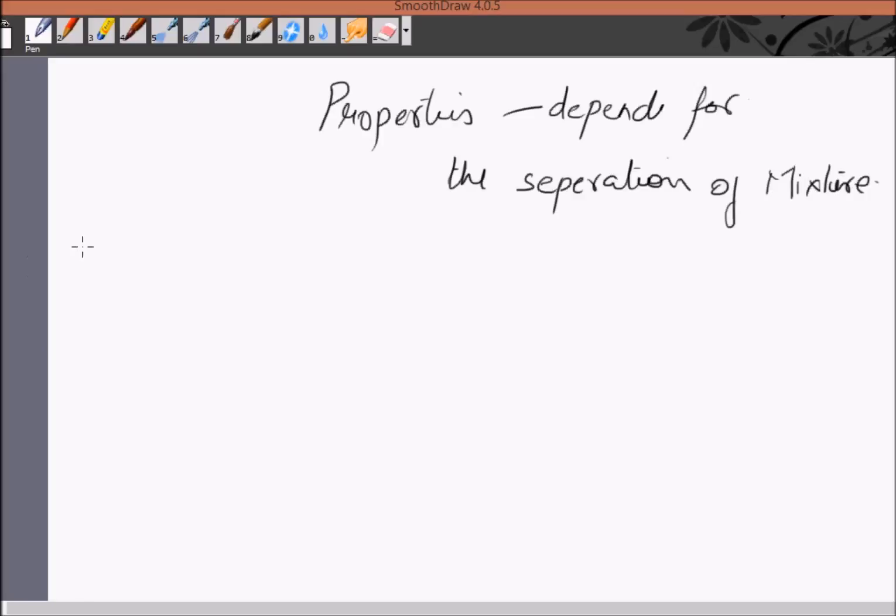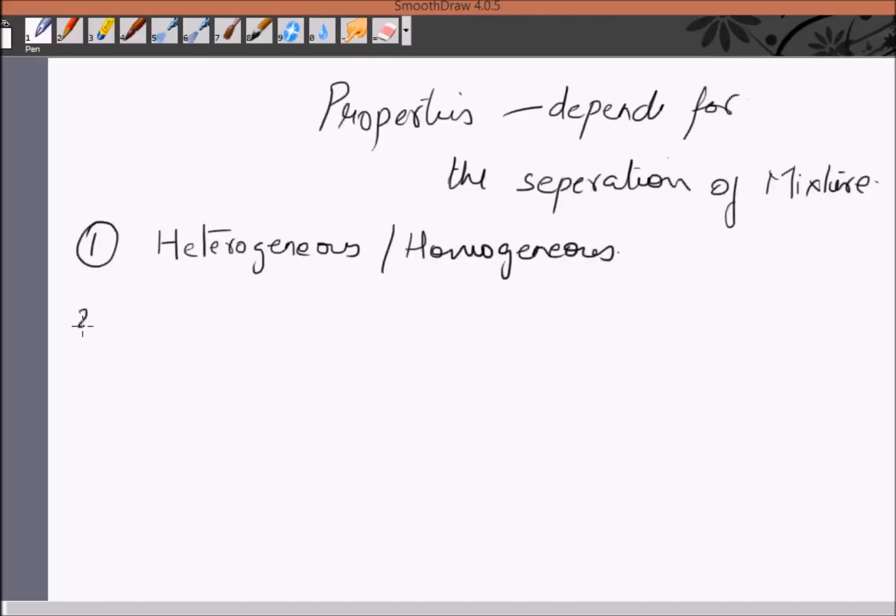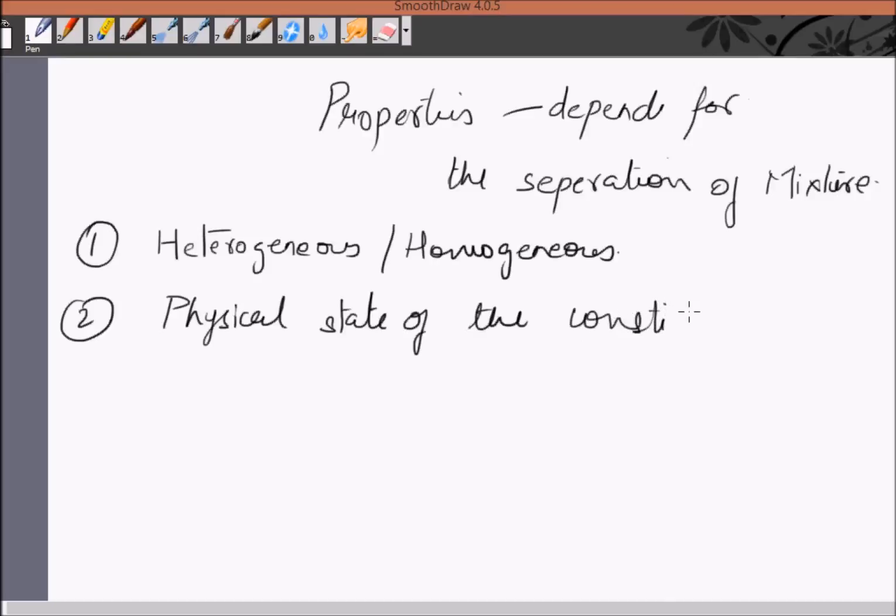So what is the first point? The first point is the mixture: is the mixture heterogeneous or homogeneous? Second, the physical state of the constituents of the mixture.